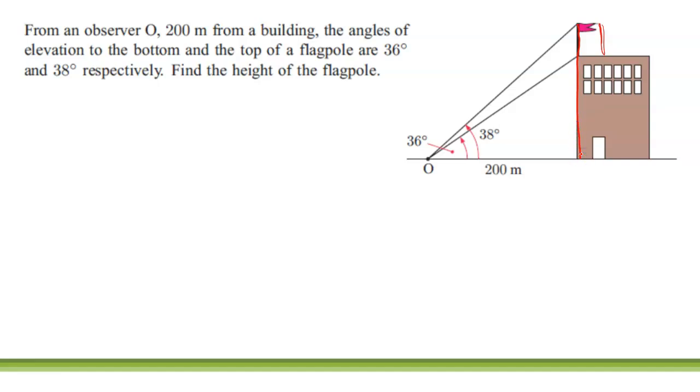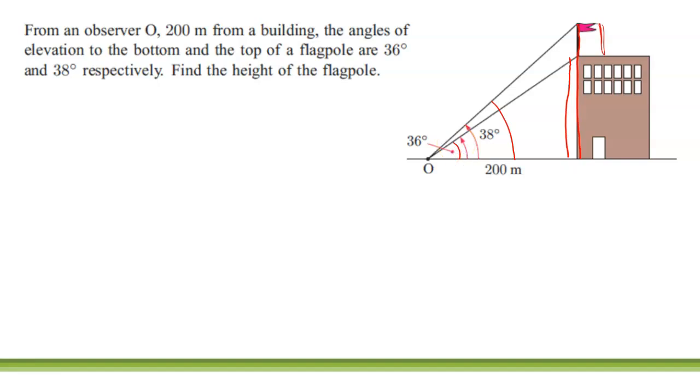So if you combine the height of the flagpole with the height of the building, those two together make up a side of a right angle triangle. But the building itself also represents the length of a side in a different right angle triangle. One of these triangles has got a 38-degree angle in it, that's that one there, and the other smaller one's got a 36-degree angle there.